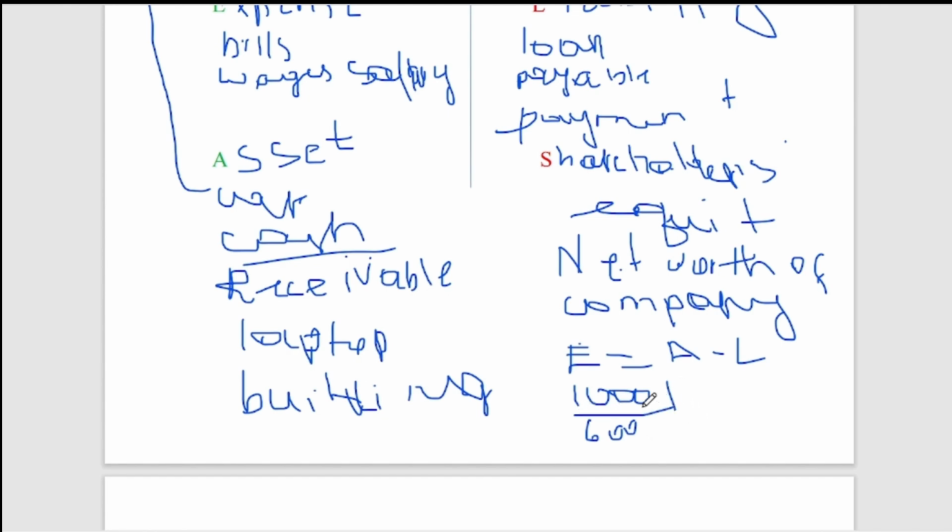In that case, you can say this $1,000 is your asset, but $400 is your equity, because this is the amount of money without any liabilities.